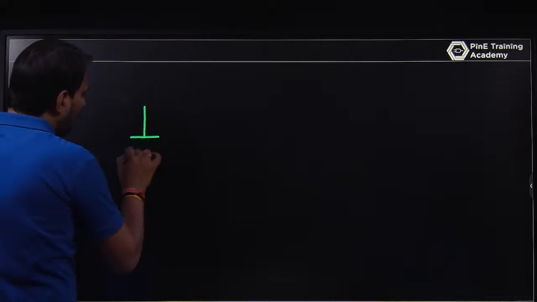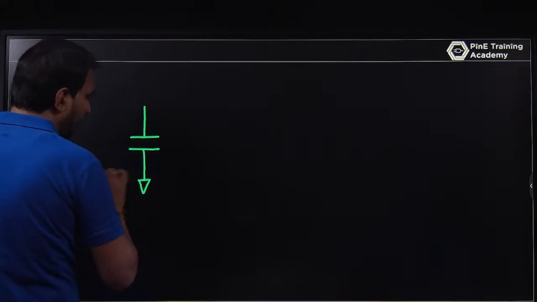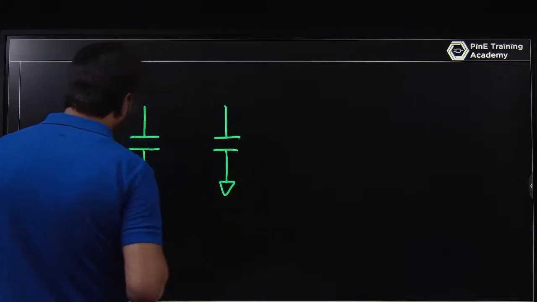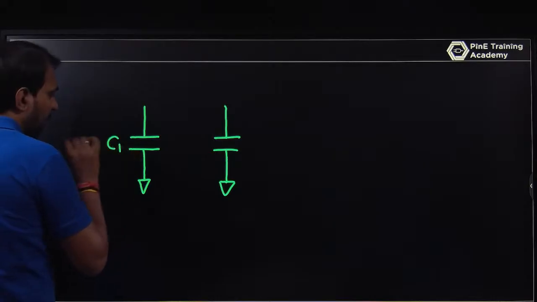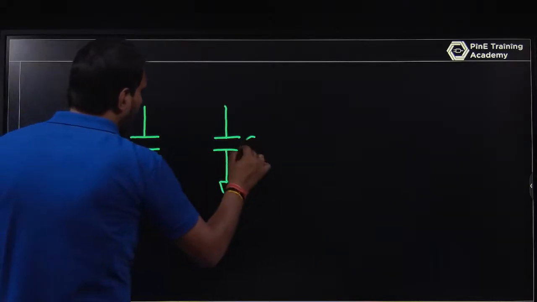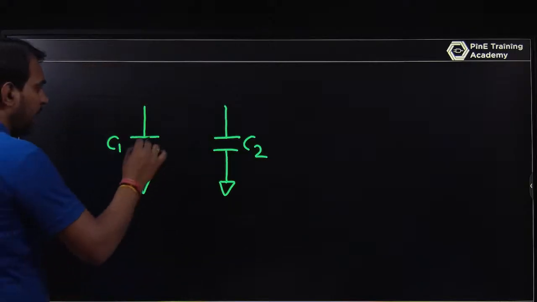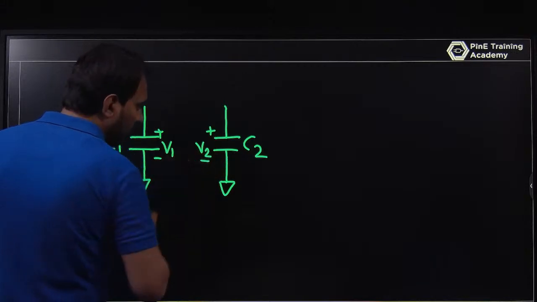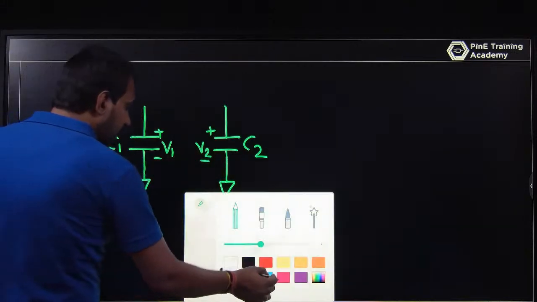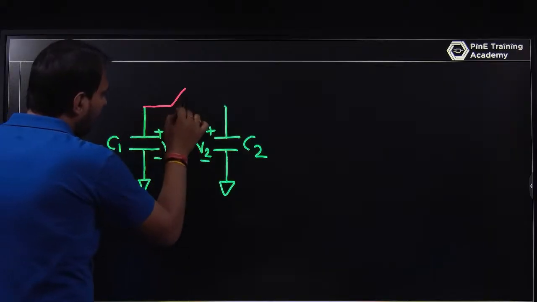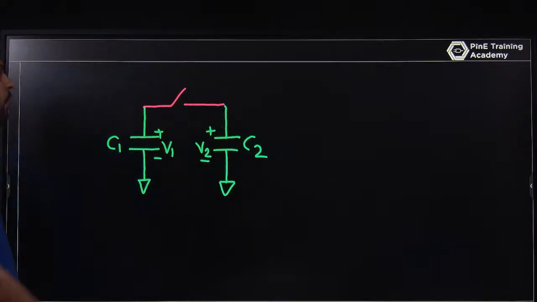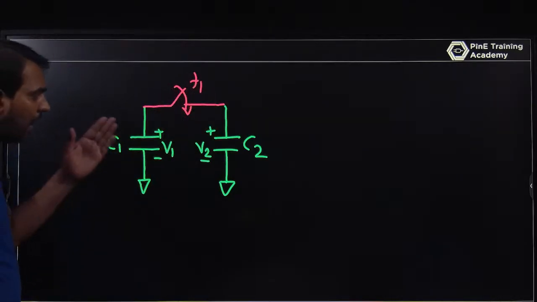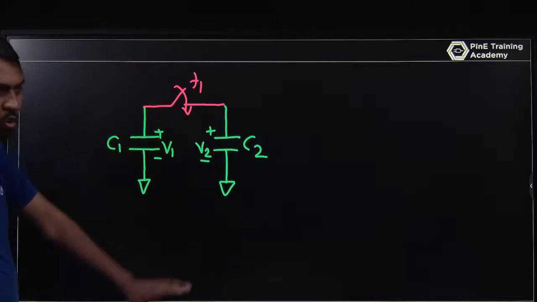Say you have a capacitor and another capacitor. This capacitor is C1 and this capacitor value is C2. This capacitor has voltage V1 and this one has voltage V2, and they are not connected. Before T1 it is open; after T1 the switch will close.